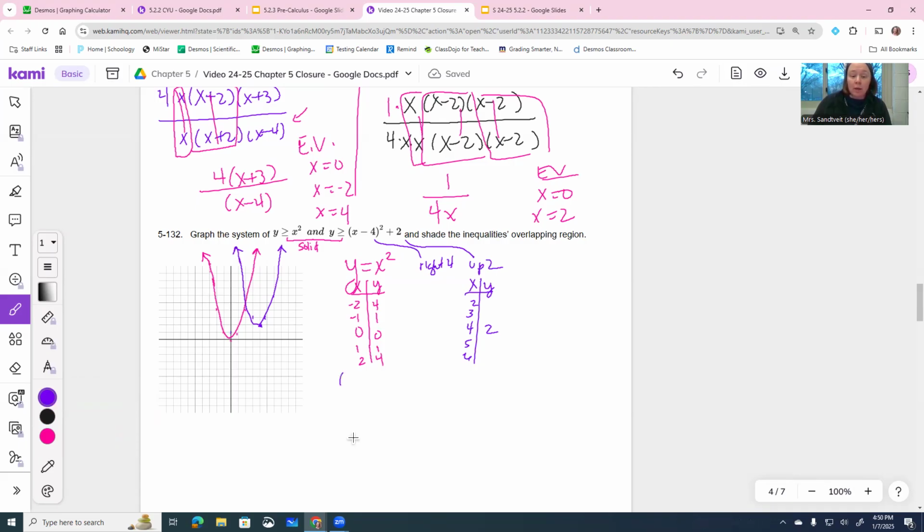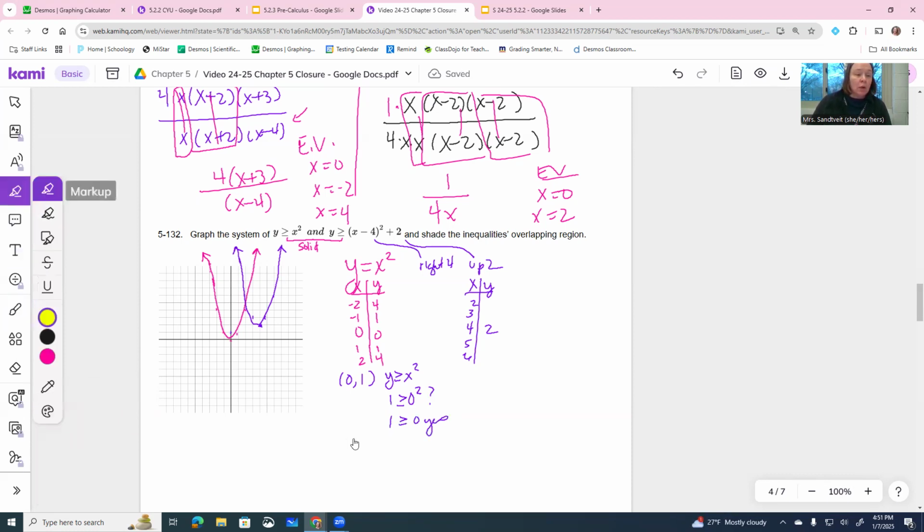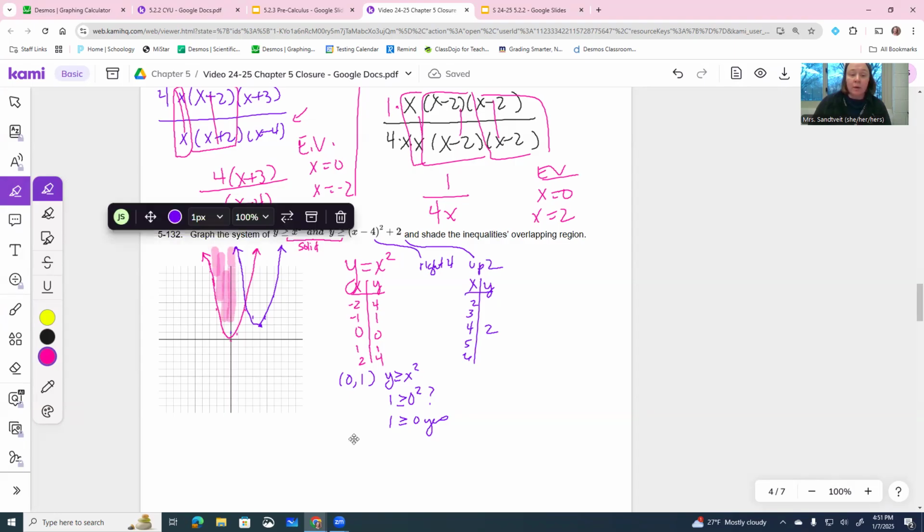So in my inequality, y is greater than or equal to x squared, I'm going to put 0 in for x and 1 in for y. And is that true? Is 1 greater than or equal to 0? It is. So I want to shade, for my pink one, everything that includes this point, so everything inside my pink parabola, as best I can.